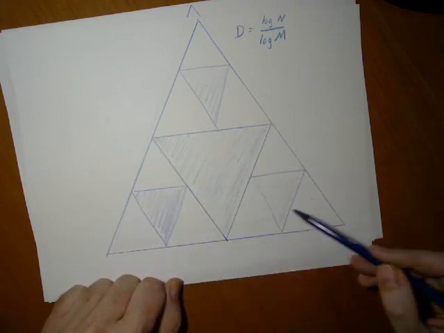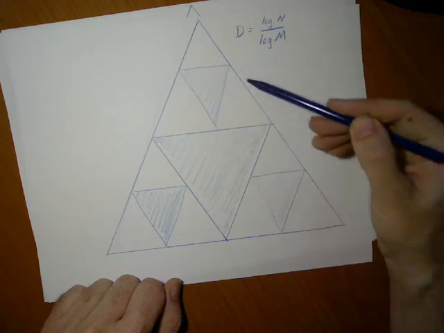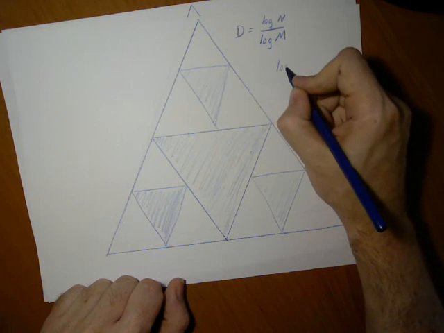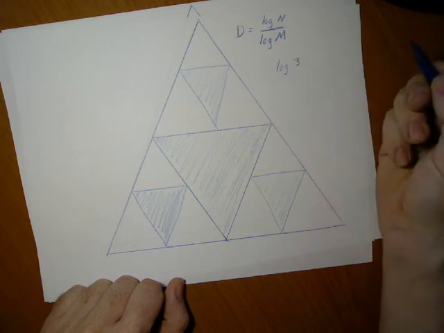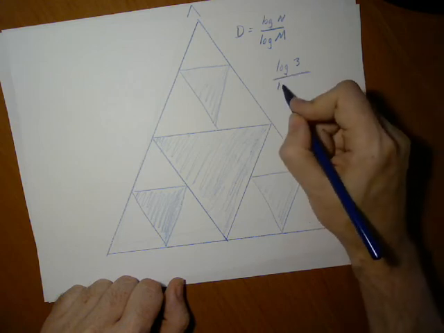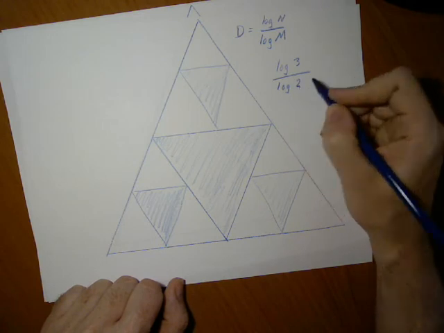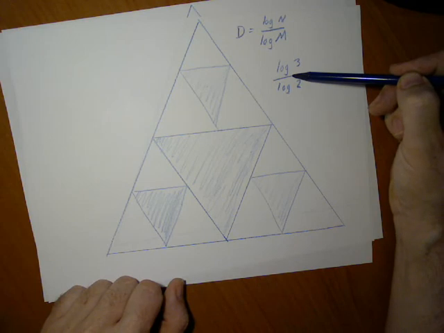This would be our second triangle, and this would be our third triangle. We could write log 3, because there are three similar triangles now, when the magnification factor is 2. This is an exact value for the Hausdorff dimension.